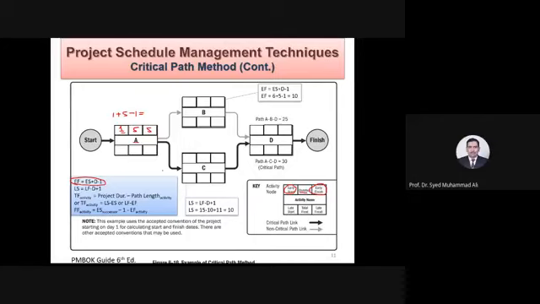Okay, let's move further. Now this activity, when A is finished, let me take the upper path first. Randomly, let me take this upper path first.